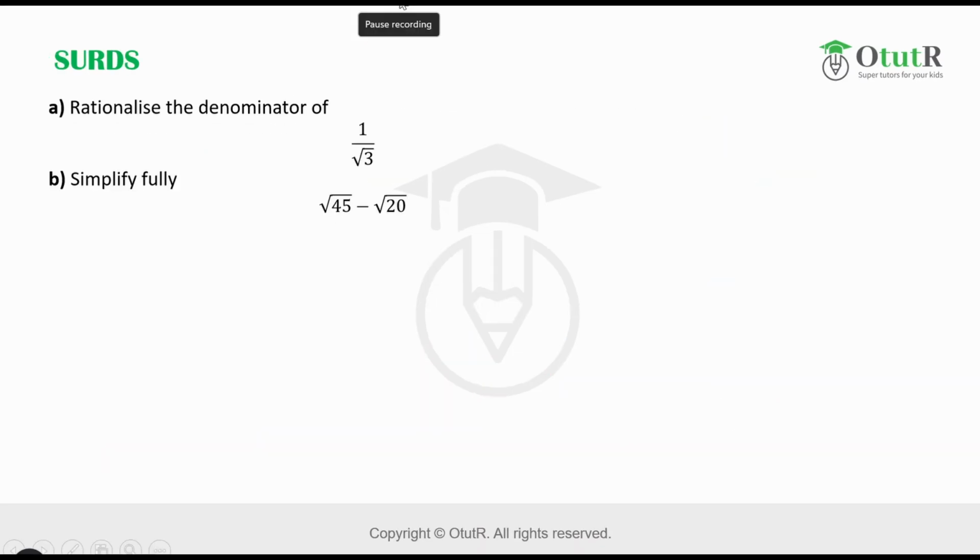Right, now we have another question, and this question is about surds, and surds are a very common topic for paper 1. Okay, so let's see what the question is. The first question is about rationalizing the denominator. It is very easy. Whenever you see a denominator in a fraction which is a surd, we simply have to multiply the same number in the numerator and denominator.